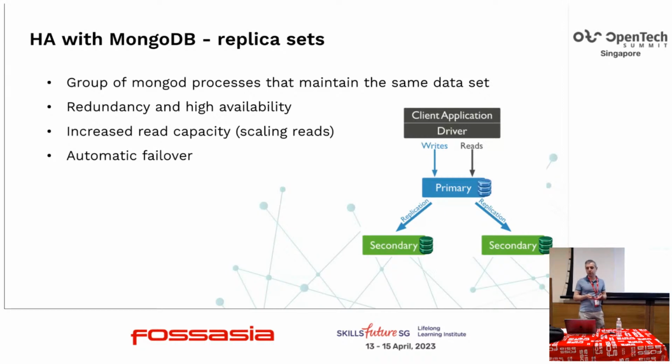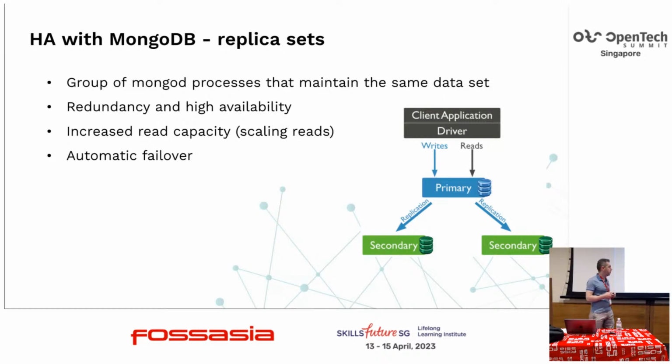And there are secondary nodes which provide redundancy for high availability, as well as can be used for scaling reads. The driver has options for sending reads with read preference to a primary or to a secondary, and there are other read preferences like primary preferred, secondary preferred, or nearest.